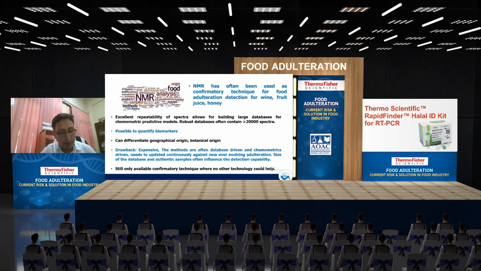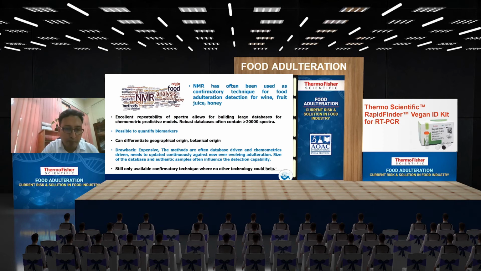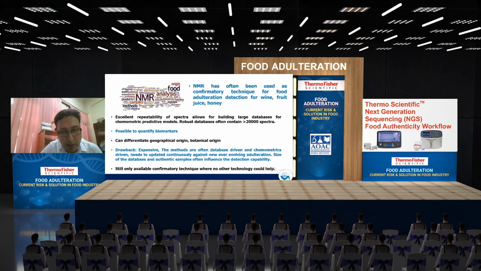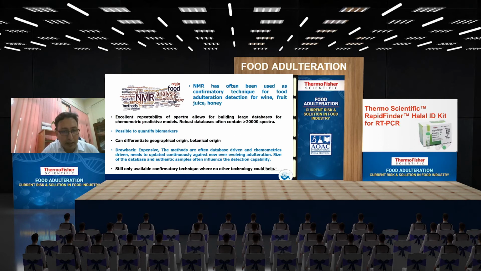So after vibrational spectroscopy, NMR. Again, it will be very brief because as of now, I have not worked on NMR for food authentication. I didn't get the pleasure to work on NMR for food authentication, but as you know, NMR has often been used as a confirmatory technique for food adulteration detection for wine, fruit juices, and honey.